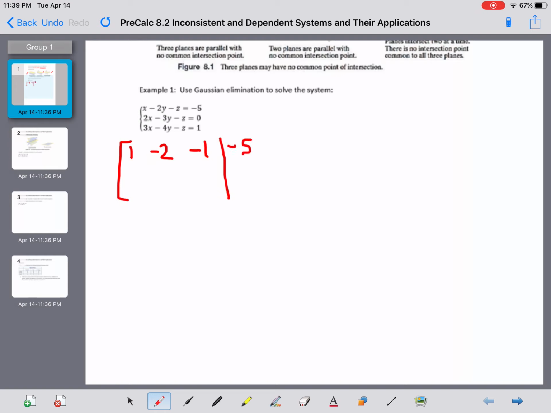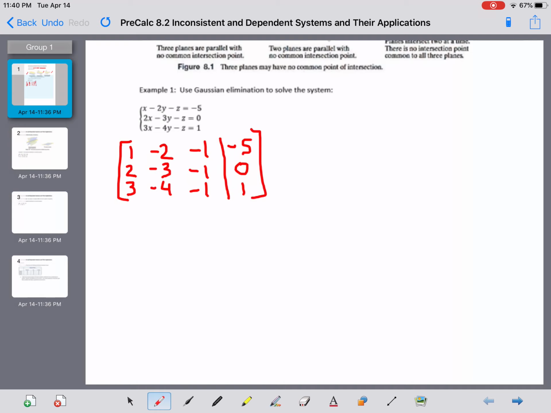On my second equation, my x coefficient is 2, my y coefficient is -3, my z coefficient is -1, and my constant is 0. And on my third equation, my x coefficient is 3, my y coefficient is -4, my z coefficient is -1, and my constant is 1. And that will set up my augmented matrix for me.